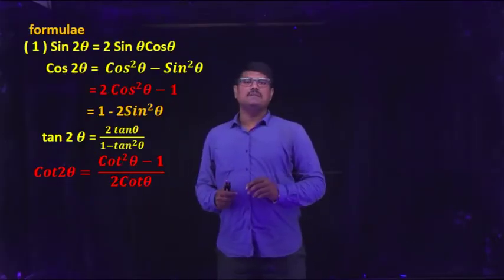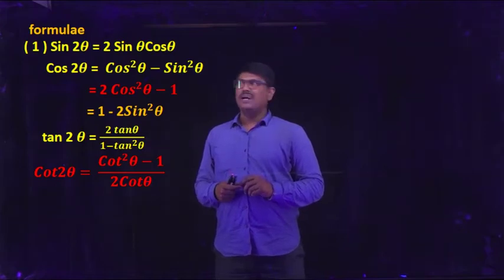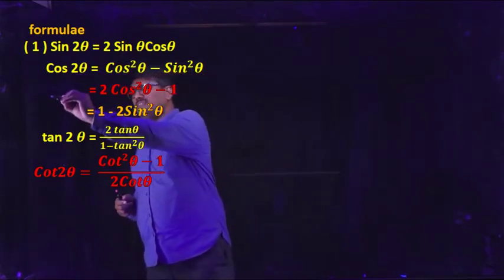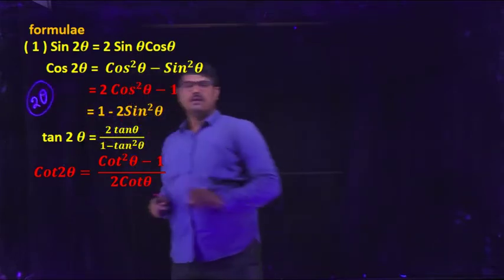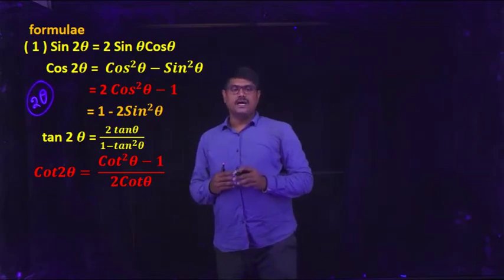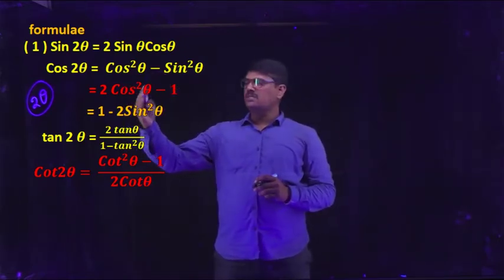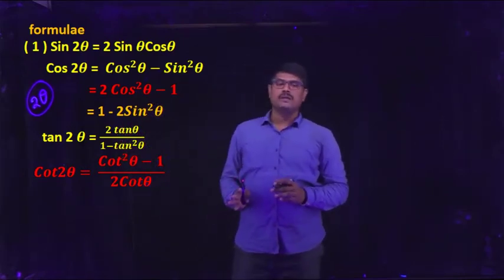Now let us observe some formulas related to multiple angles, starting with the multiple angle 2 theta. For this angle 2 theta, what is the formula for sine, cos, tan and cot?